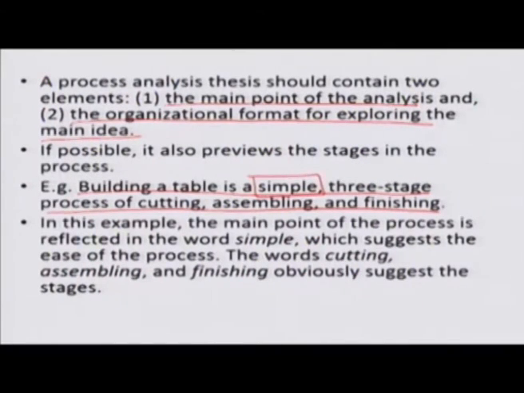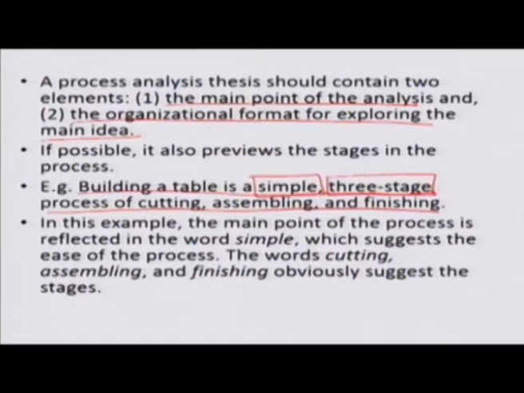So, it is a kind of reassuring the person who is performing it that it is going to be an easy process, and then it also mentions there are mainly 3 stages, and what are these 3 stages? They are also listed here: cutting, assembling and finishing. So, you can expect that each of these things are taken up in 3 successive paragraphs.